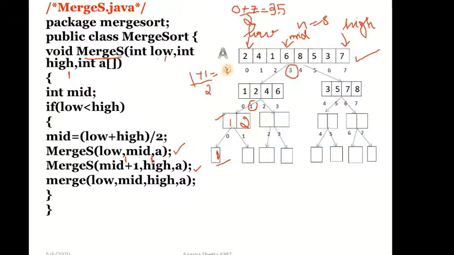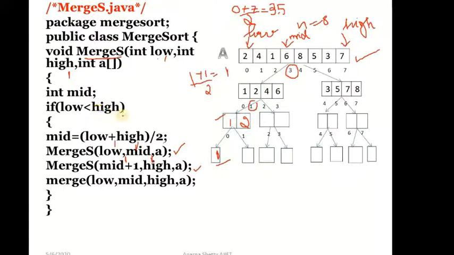You will get the mid as 1, right? And now it will call merges. Low will be 1, mid will be 1 and A. This merges will get called over here. Here low will be 1, high is equal to 1.